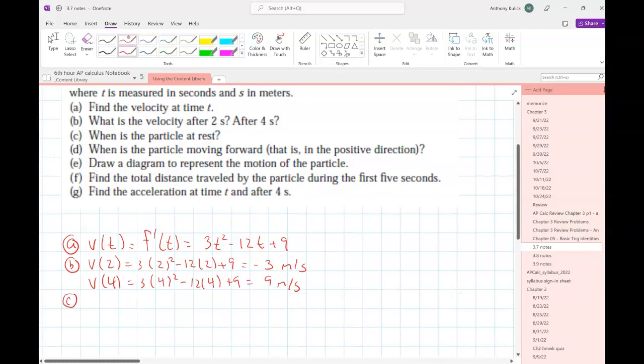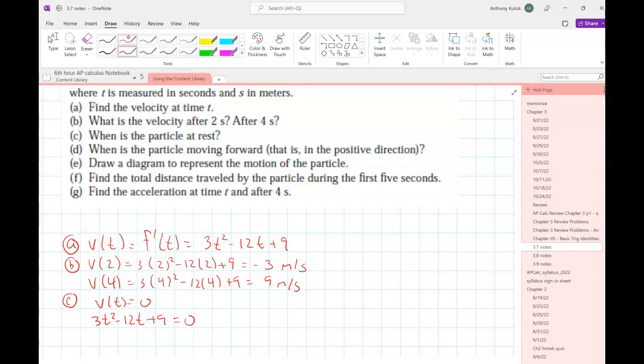Part C says, when is the particle at rest? What does at rest mean there? Velocity should be 0. Okay. So I'm going to just be solving then 3t squared minus 12t plus 9 equal to 0. What kind of an equation is that? Quadratic.